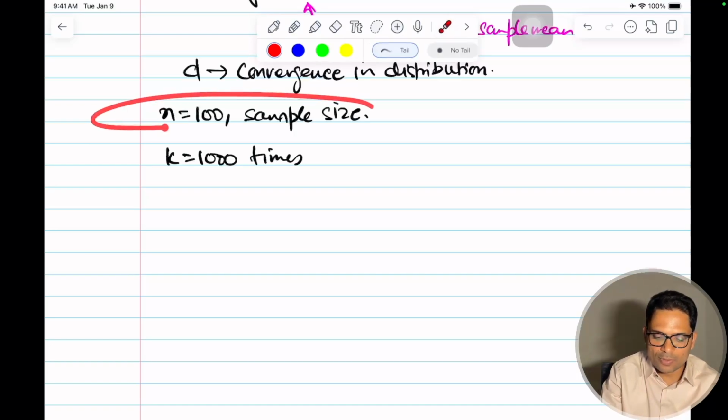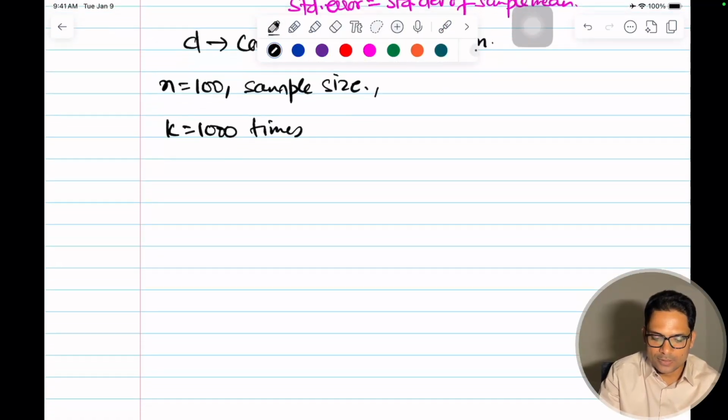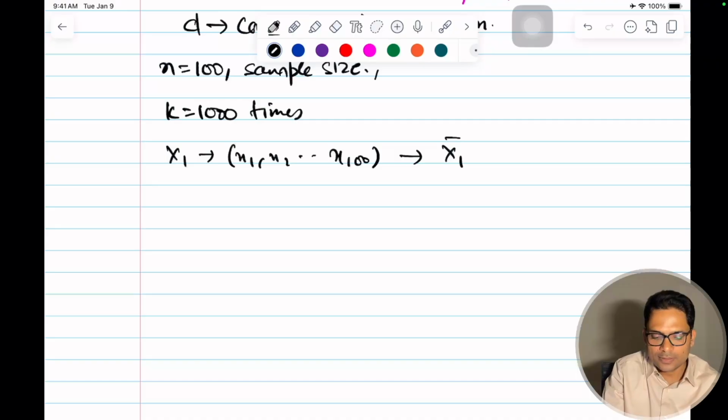So I have one sample which has 100 heights of people, and I calculate the mean of this. Let's say this is x1, which has x1, x2 like that till x100, and from this I get one x1 bar.